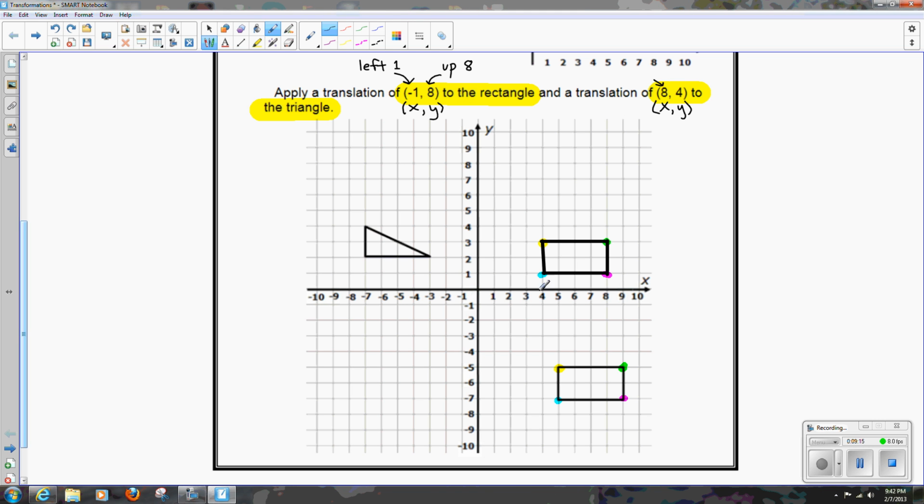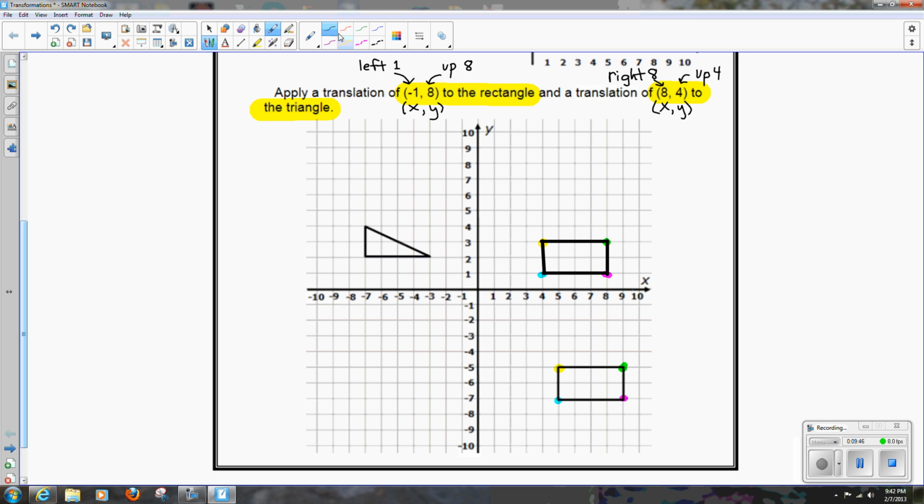Well, since x goes left or right, an increase of 8 means I'm going to be moving to the right. Good. Okay, so we're going to go right 8 units. And then this y value of +4, remember that the y goes up and down. Positive means we're going to be going up. So I want to go up 4.